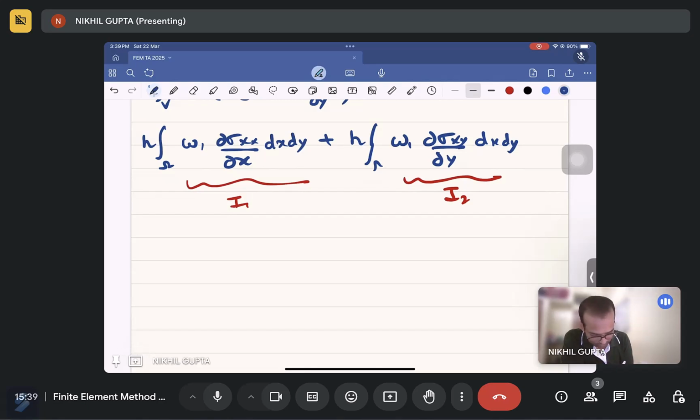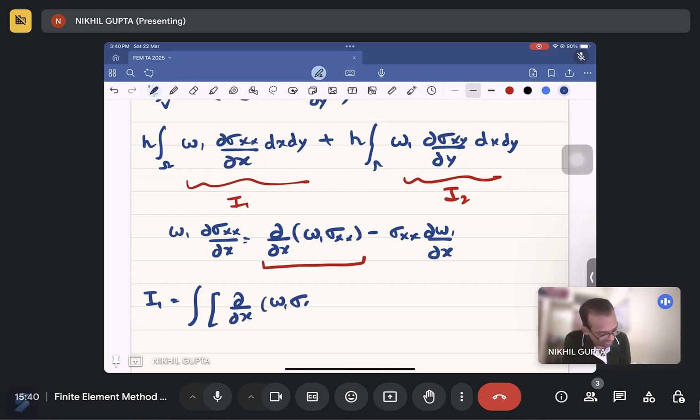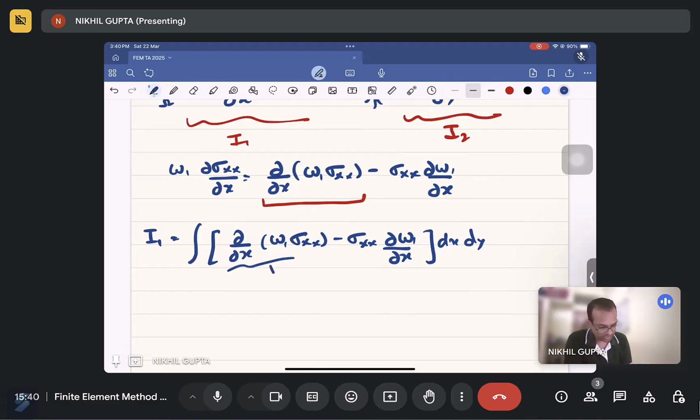This term we can represent as del by del x of (w1 sigma xx) minus sigma xx del w1 by del x. This is just the product rule, written in reverse order so that we can replace this term. So I1 can be written as the integral of del by del x of (w1 sigma xx) minus sigma xx del w1 by del x, dx dy. Now to solve this, we can use the Gauss divergence theorem.